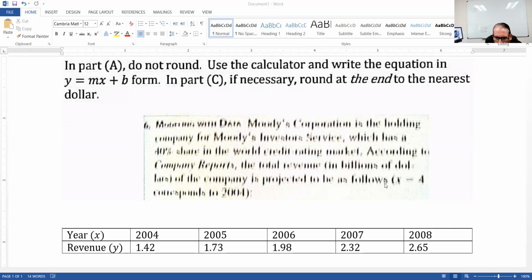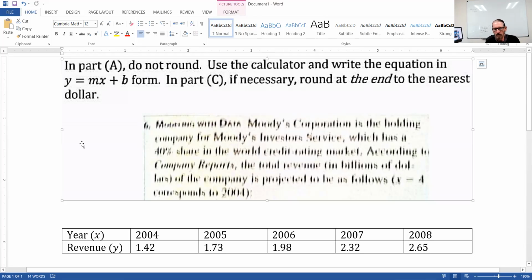And we have information about 2004, 2005, etc., up through 2008. And the revenue, again, that's in billions of dollars. We're supposed to use x equals 4 to go with the year 2004, etc. So x equals 8 would be the 2008 here, and so on.